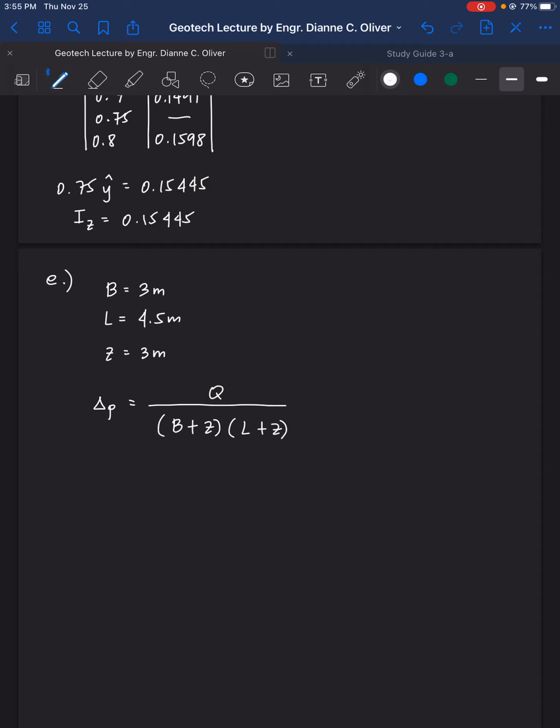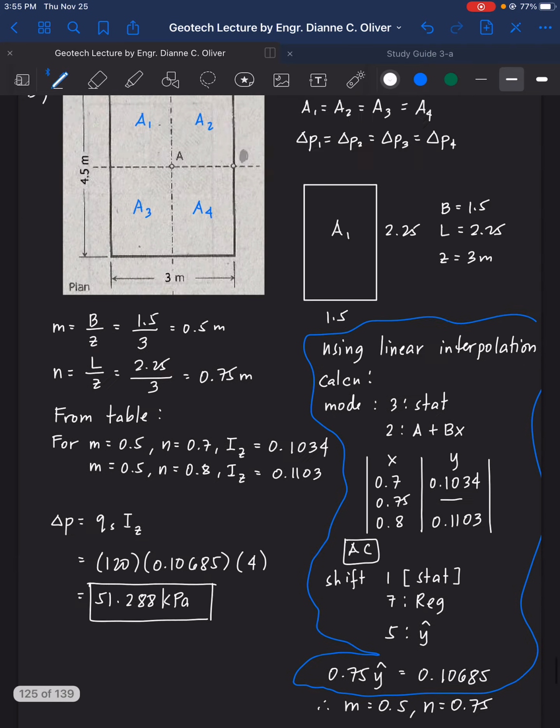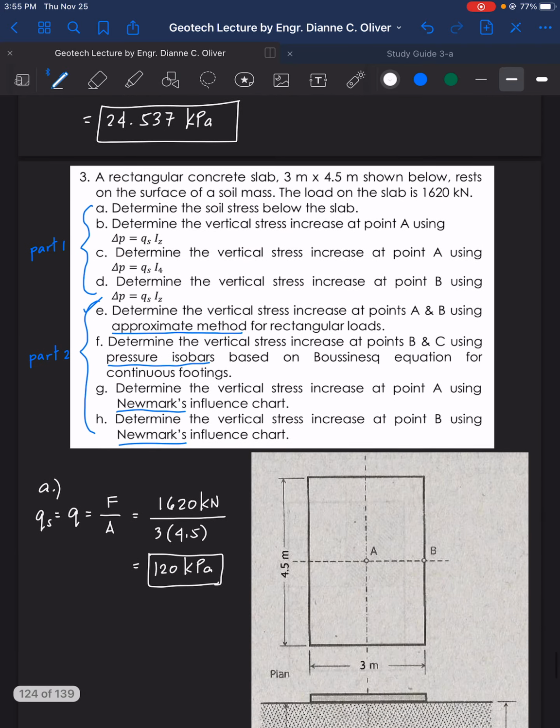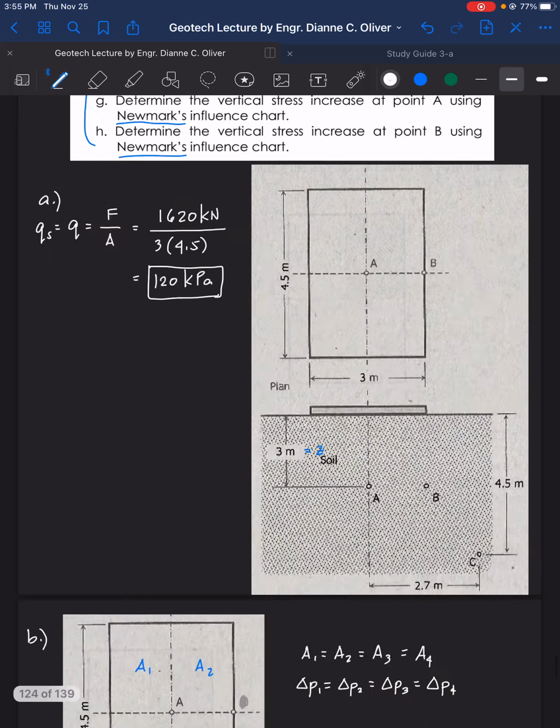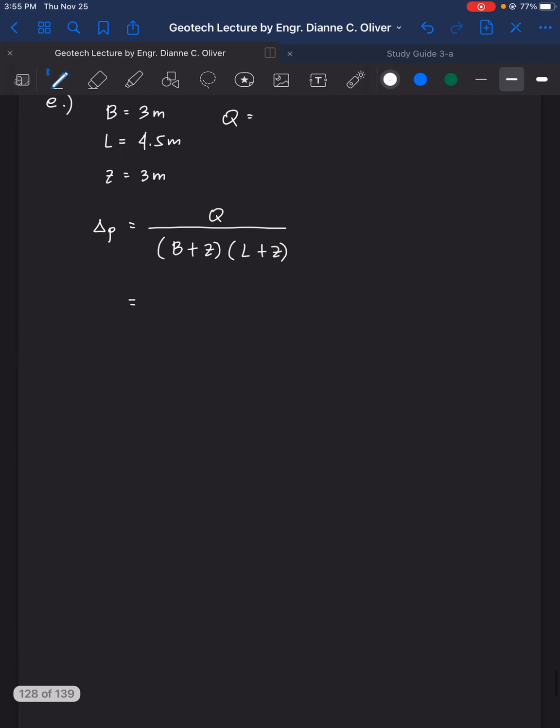And then what's the Q again? Given Q, the value of Q is 1620 kilonewton.